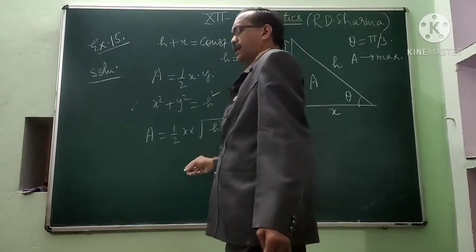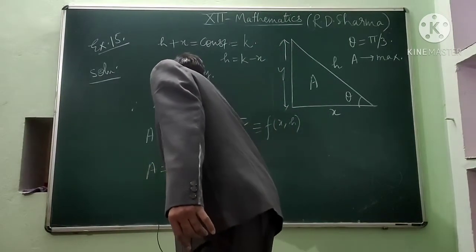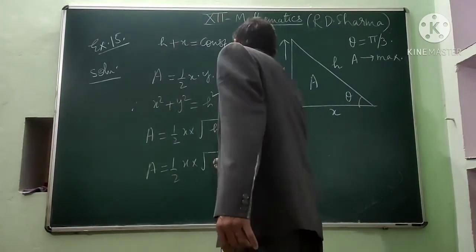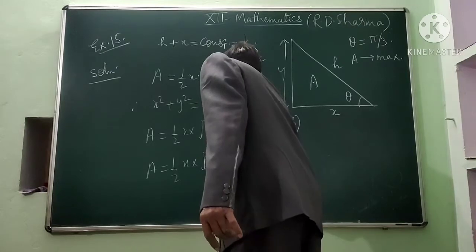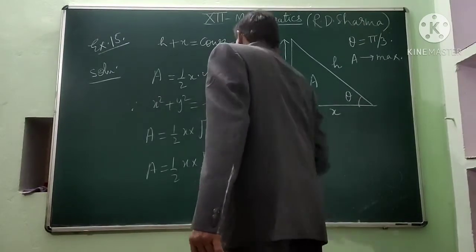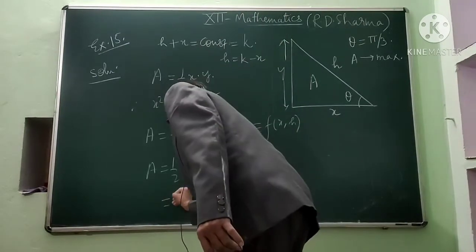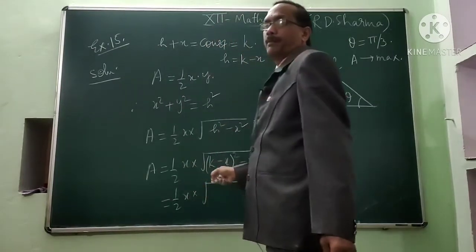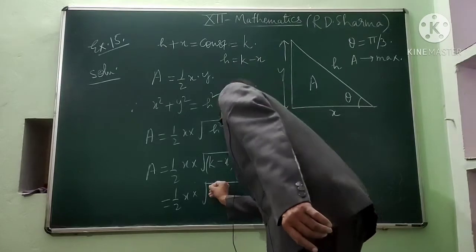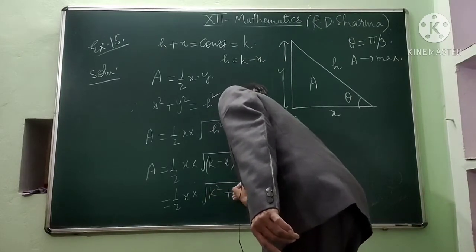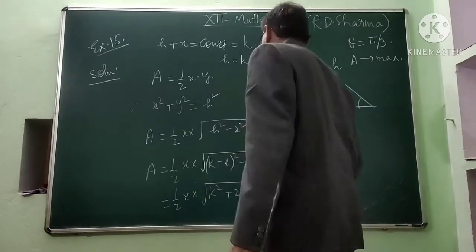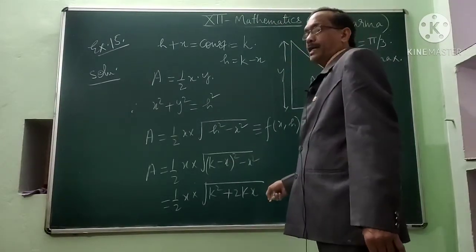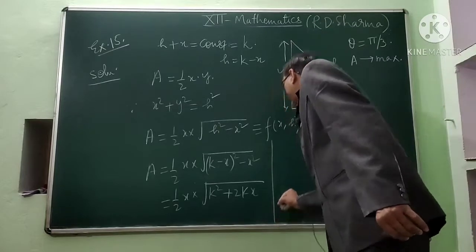Putting this value here, A equal to 1 upon 2 x into root of k minus x whole square minus x square. From this we will get 1 upon 2 x into root of, make the whole square, so it is k square minus 2kx, x square is cancelled out. Again there is a root, so we will make the square.